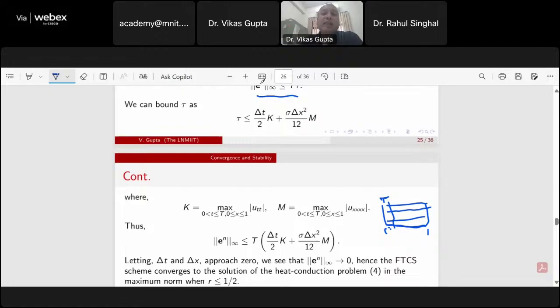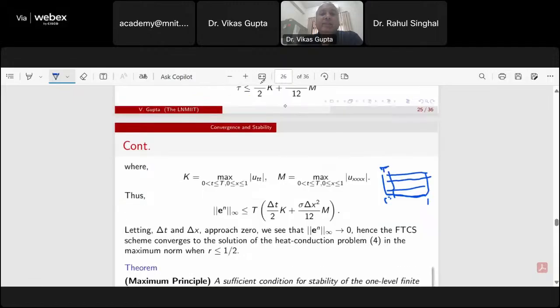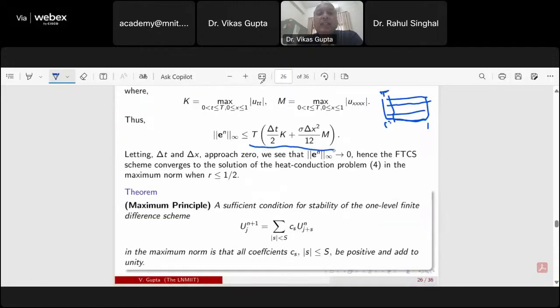So using that, we can say that norm En infinity is bounded by this: T times delta t by 2 K plus sigma delta x square upon 12 into M. So here again you can notice that if we let delta t approach 0 and delta x approach 0, that is, if we continue to refine the mesh in both directions, space direction and time direction, then the error in our solution approaches 0 in the infinity norm.